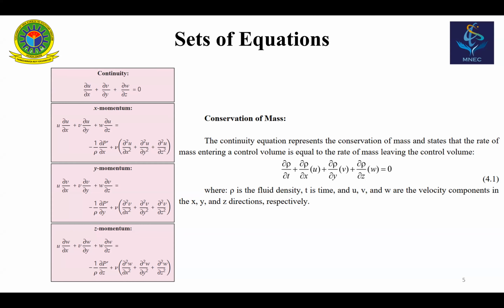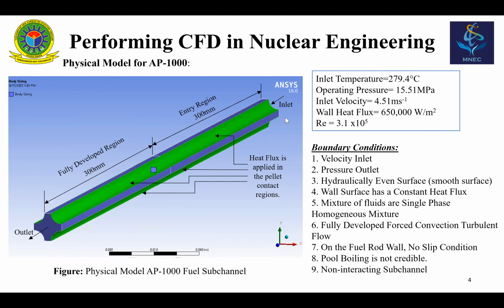Okay. So what we actually do in ANSYS, or in computational fluid dynamics, is get the global properties and the integral properties of a certain computational domain. In our case, this is our computational domain, a single fuel subchannel, and we have taken a certain length of this subchannel.